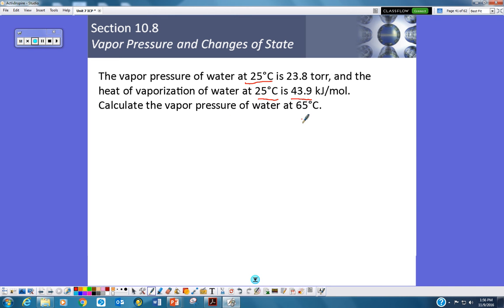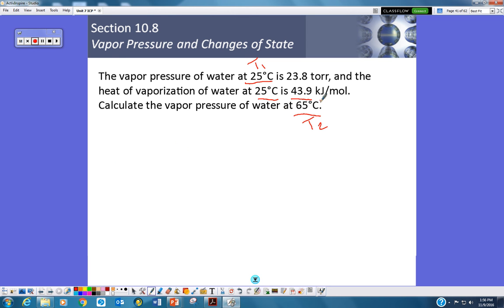Calculate the vapor pressure of water at 65 degrees Celsius. So 25 is our T1, 65 is our T2. We do need to convert to Kelvin and all of that. So let's set this up in our equation.